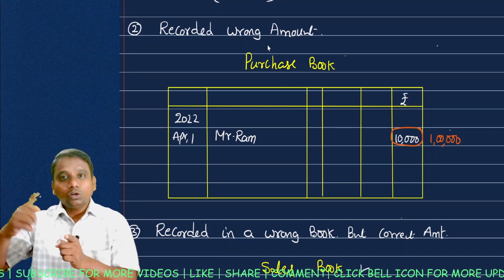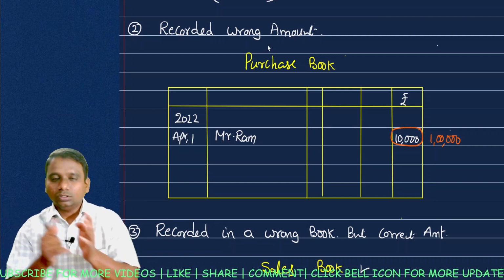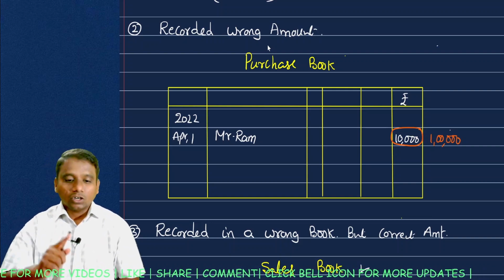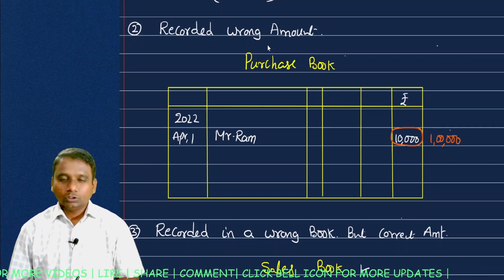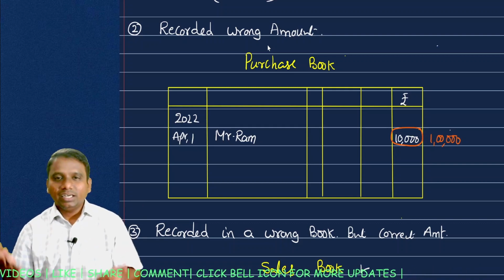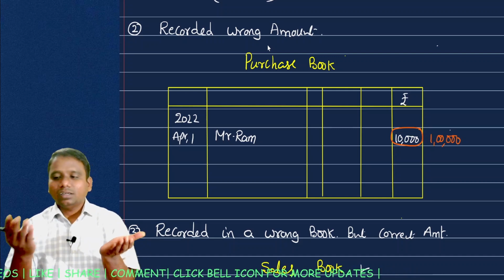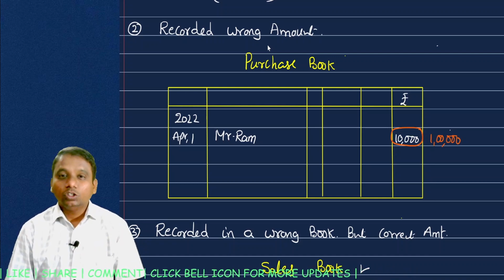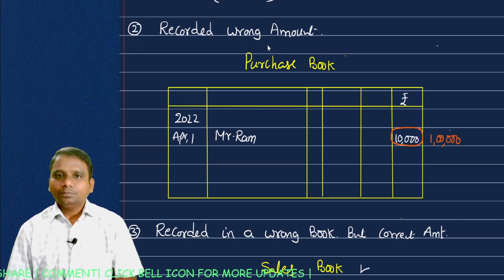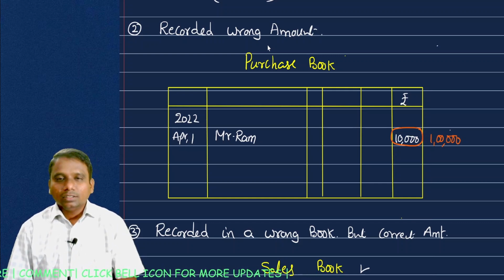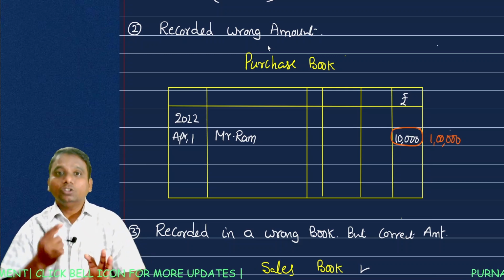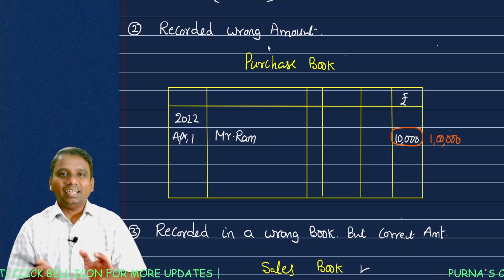The same 10,000 goes to the purchase account debit side, and the same 10,000 goes to the Ram account credit side. So purchase account debit 10,000, Ram account credit 10,000. Debit has the corresponding credit, so automatically our trial balance agrees. Yes or no? Understood? So it is a mistake, but even though our trial balance is agreeing.